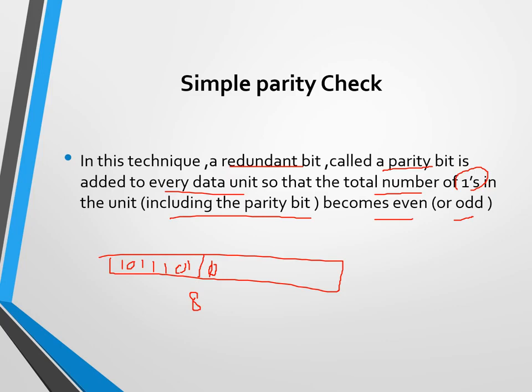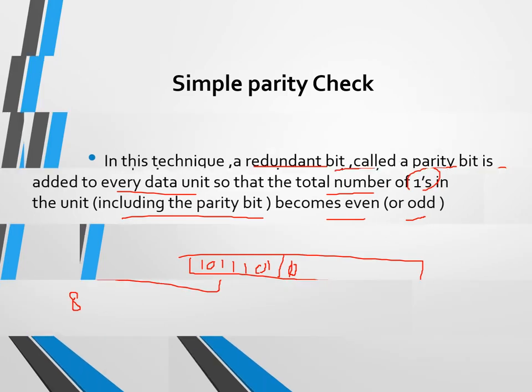Why? Because we have 1 2 3 4 5 ones already. That is an odd parity.